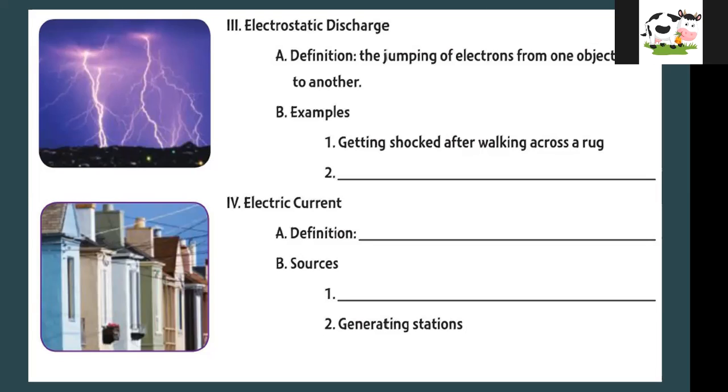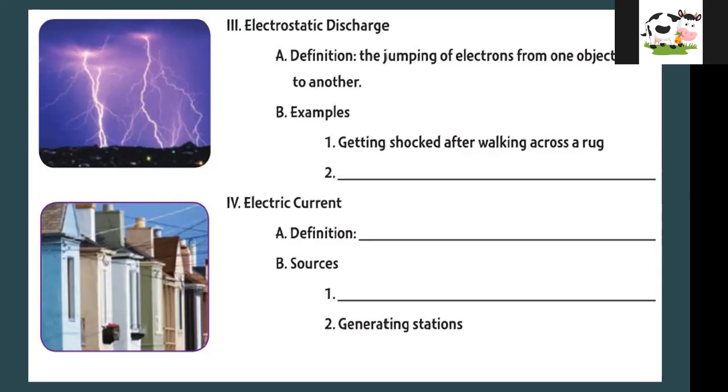Yep, Sophia? The laundry thingy. What was that? The dryer and the clothes thingy, and the comb and the hair thingy. Yeah, very good. So the next one is who can define what electric current is? Okay.